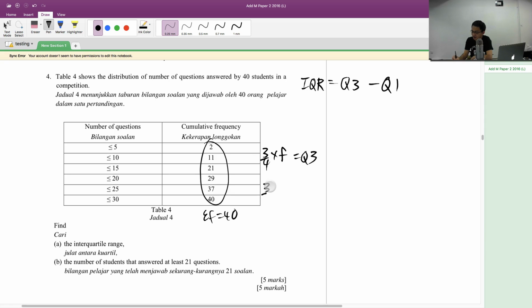In order to find the first quartile, I will use 1/4 multiplied by my frequency. So 3/4 multiplied by 40, I will get 30. This one I will actually get 10. So 30 is not your answer. So you have to know where exactly the 30 is.